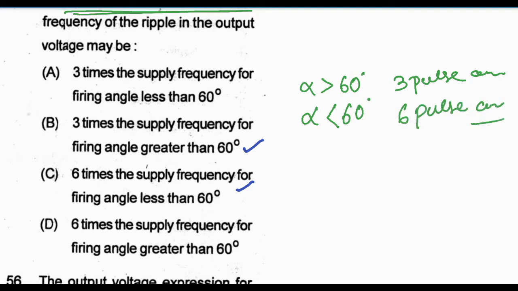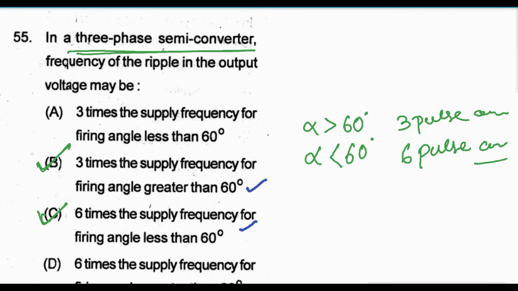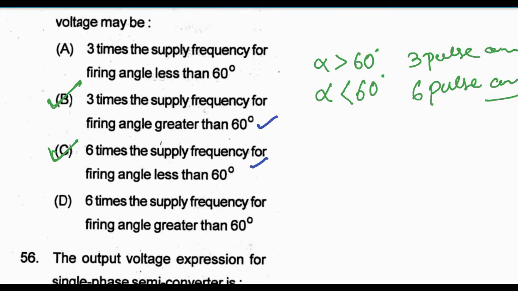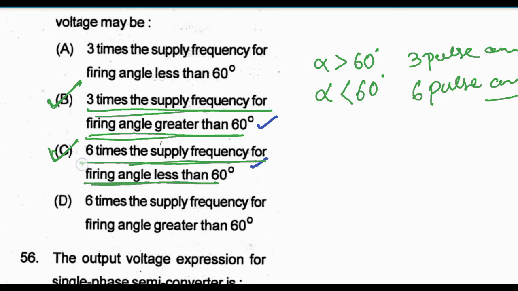And in this question both option B and C are correct, because in a three-phase semiconverter, the ripple frequency in the output voltage is 3 times the supply frequency for firing angle greater than 60 degree, and 6 times the supply frequency for firing angle less than 60 degree.